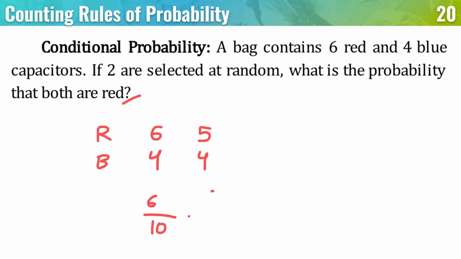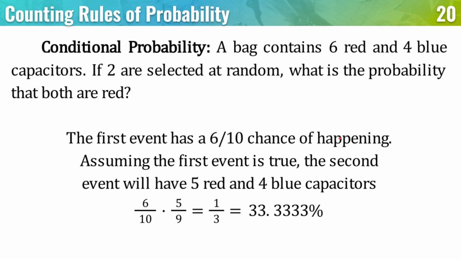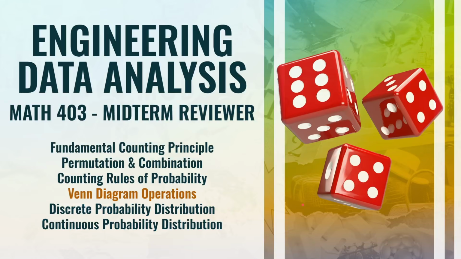So we have second chance being 5 over 9. So again, for conditional probability, the condition is that the first one must be true to determine what the second one will be, since this is for both. So that gives us 1/3 or 33.3333%.